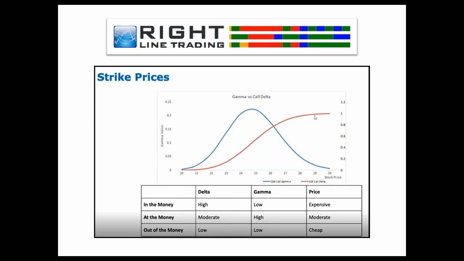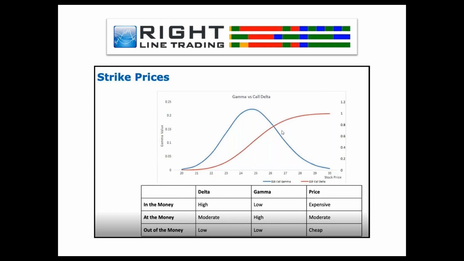Now, if you buy a deeply in the money option, your delta is going to be approximately 1. So for every buck that the stock goes up, you see how the delta drops all the way down?